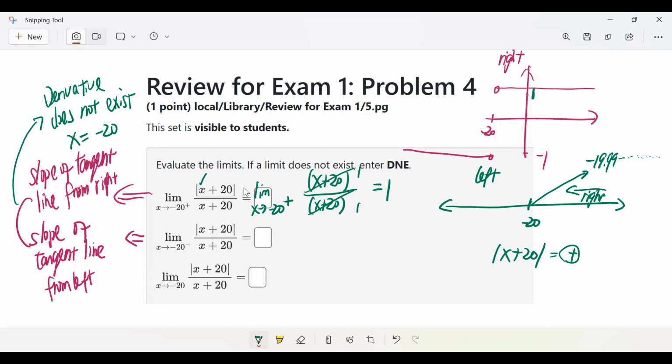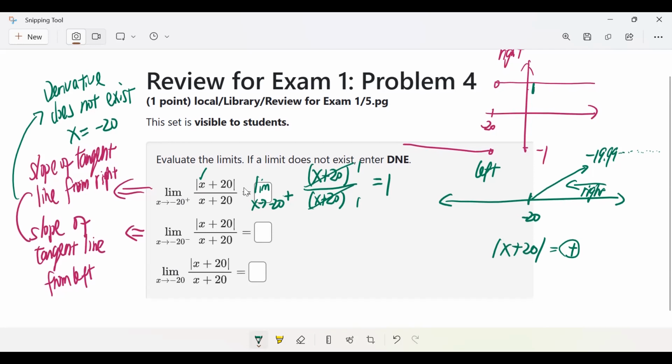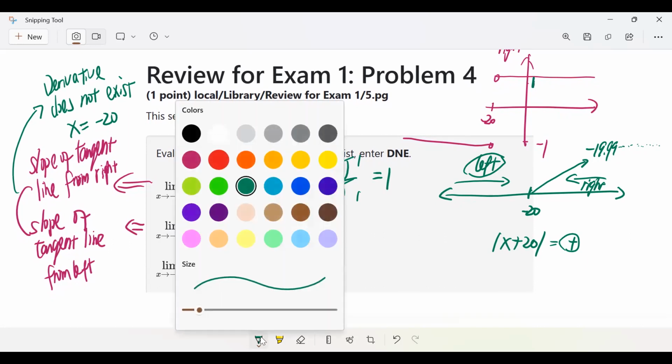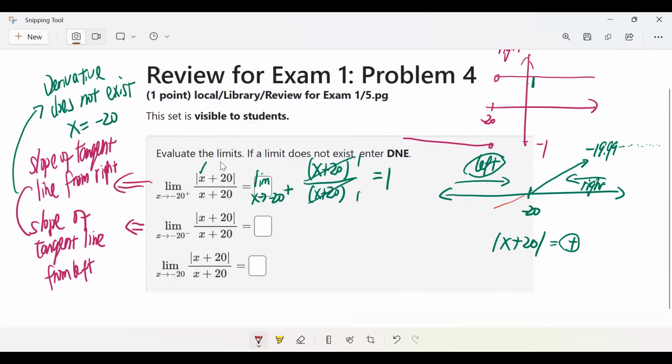And the second part approaches -20 from the left. The left is from this side. If you try to visualize this number, it will be -20.0001.